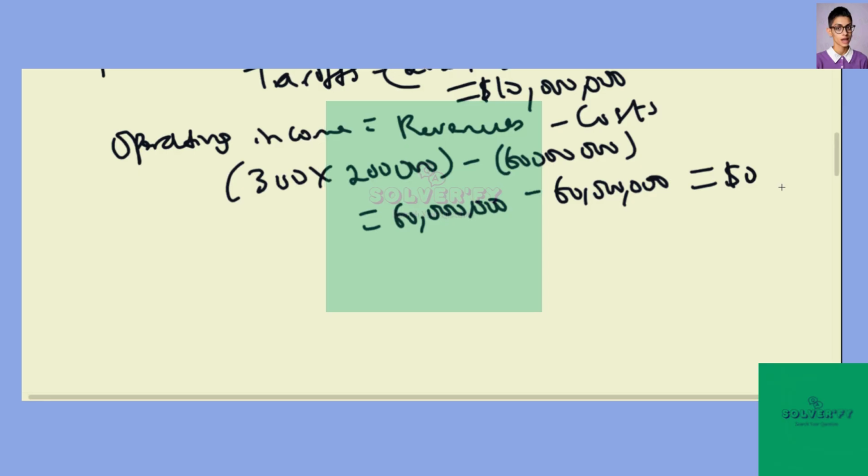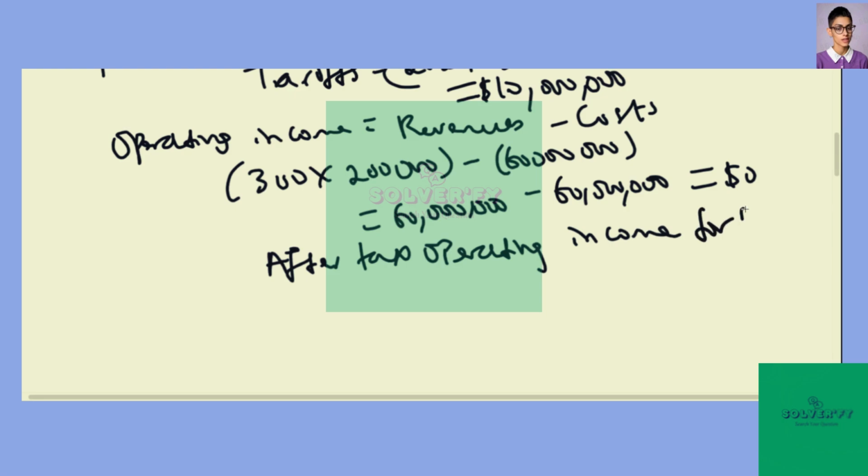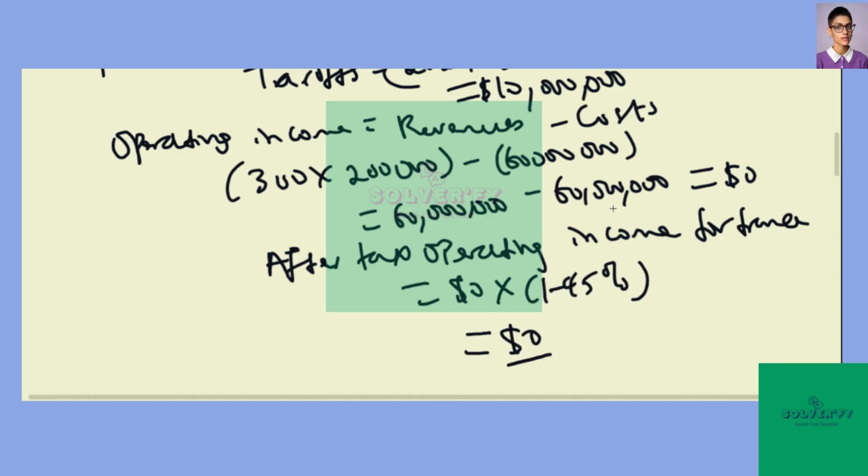So the after-tax operating income for France is $0 multiplied by 1 minus 45%, and we know that anything multiplied by 0 is 0, so it's still $0. So that's the answer.